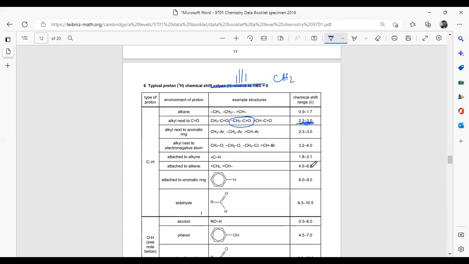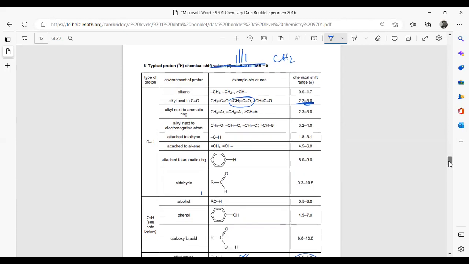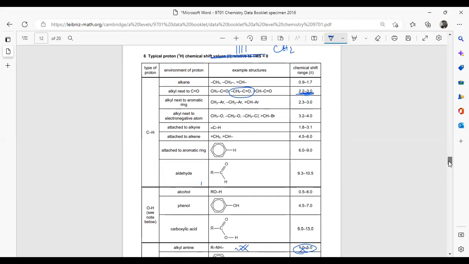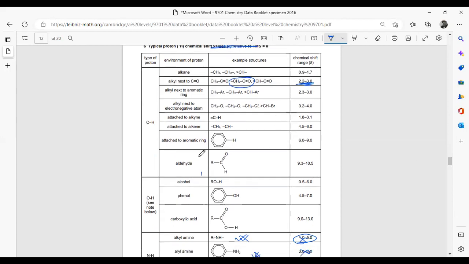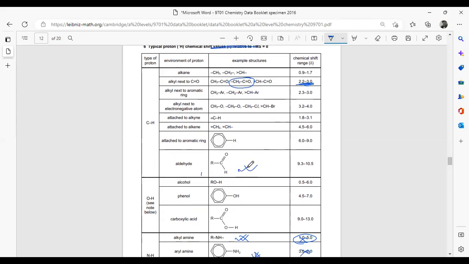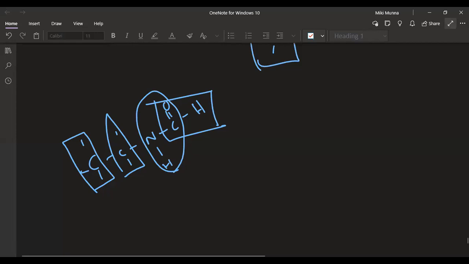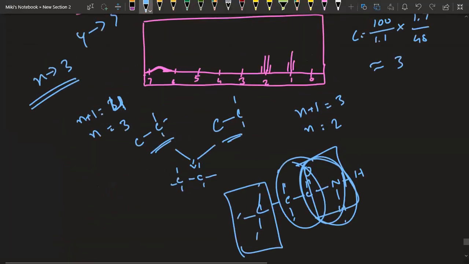CH double bond O, we have an aldehyde present, or carbonyl. So there is a possibility that it's an aldehyde. So the aldehyde will give a separate environment. That means we would get 4 environments in that case, but we need just 3 environments. That means we are fine with the one we have, okay?